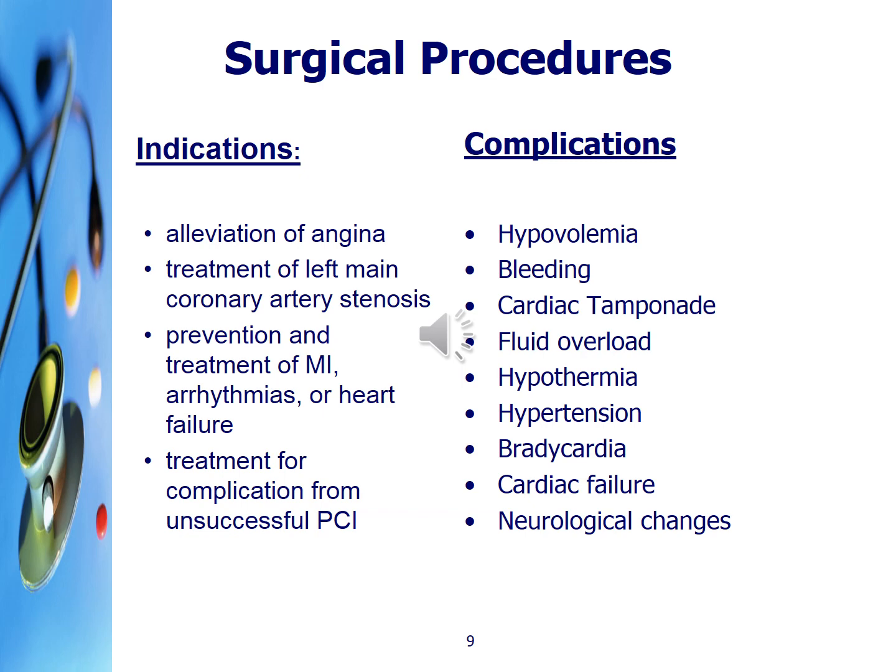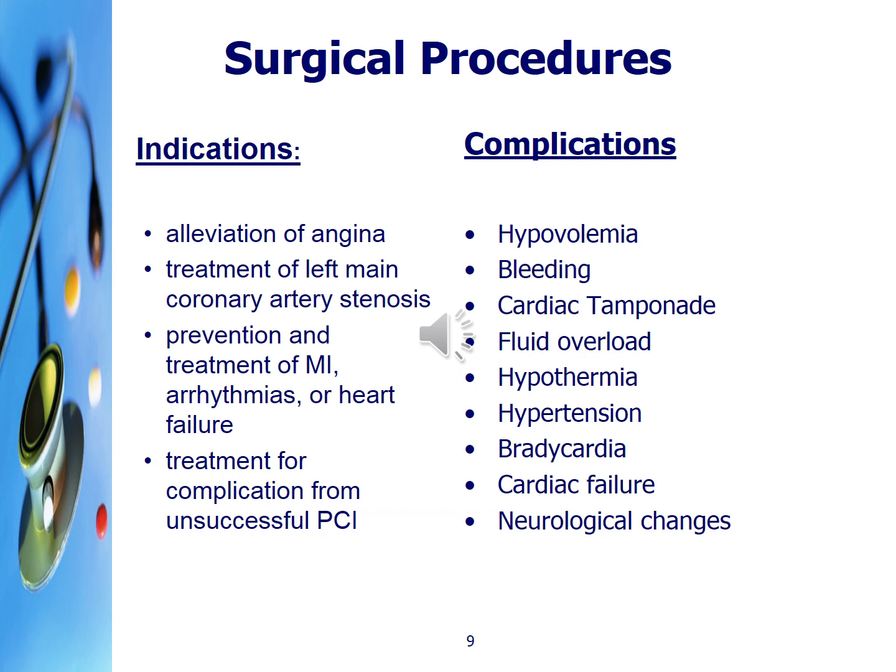Treatment for complications from unsuccessful PCI or the percutaneous coronary interventions, as discussed on the previous slide. So these are some of the indications for cardiac surgery. So if your patient is having any of these disorders or conditions, then the patient may be a candidate for cardiac surgery.